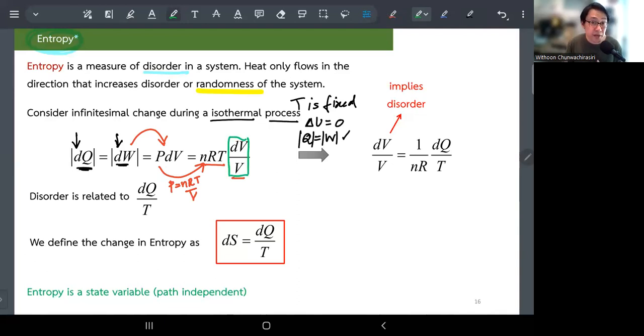It's a fractional change of the volume. What's the point of this term? It turns out they grabbed this one and they said that this term right here implies disorder. Whoa.